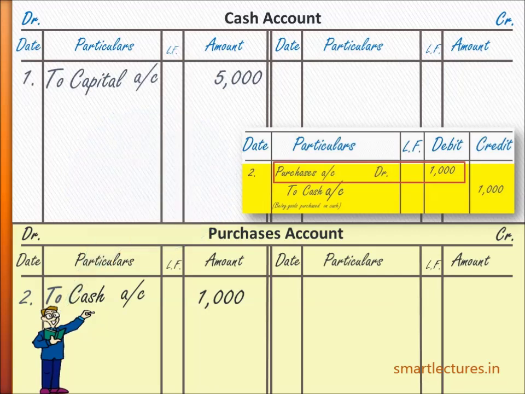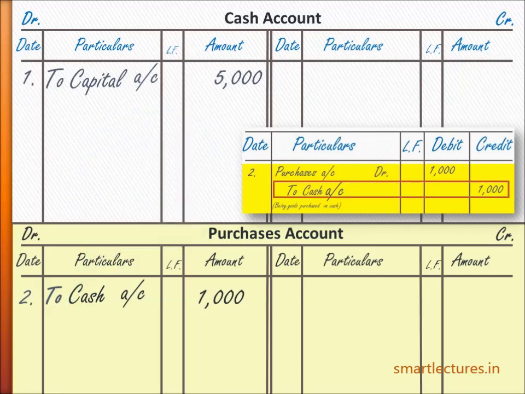Now, 'To cash account' rupees 1,000. It means credit cash account by rupees 1,000. It means write down rupees 1,000 on the credit side of cash account. So come to the cash account, and on the credit side write down 2 in the date column, and then write down 'By purchases', and in the amount column rupees 1,000.